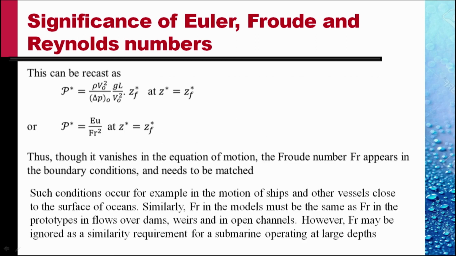Such conditions occur, for example, in the motion of ships and other vessels close to the surface of ocean. Similarly, Froude number in the models must be same as the Froude number in the prototypes in flows over dams, weirs, and in open channels. However, Froude number may be ignored as a similarity requirement for submarine operating at large depths far away from the free surface.